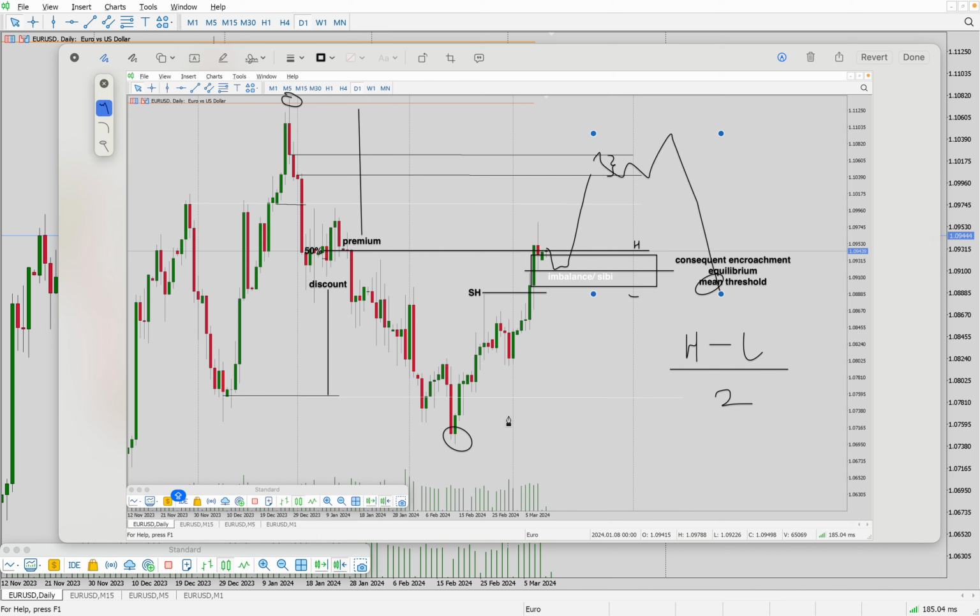The 20-year seasonality of the March euro dollar says price around mid-March, end of March is going to retrace from the high and move back into consolidation to begin the month of April, which is also a bullish month.